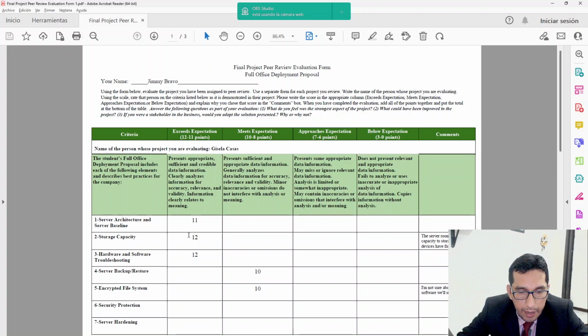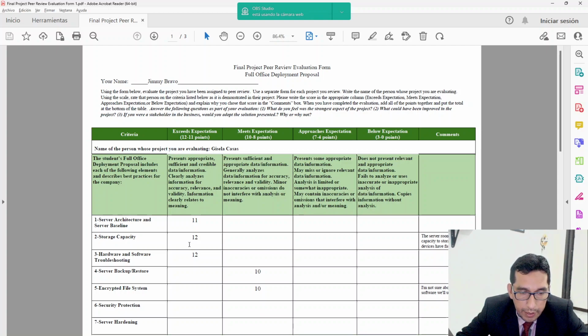The server backup and restore. I would like to have more information about it, something like pictures and other examples, so that I can understand how you implement this restore.